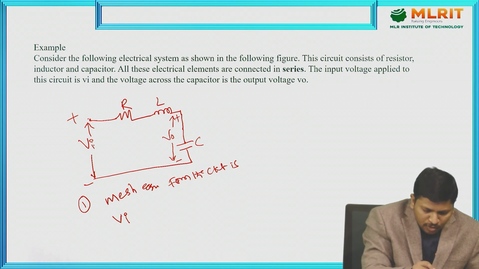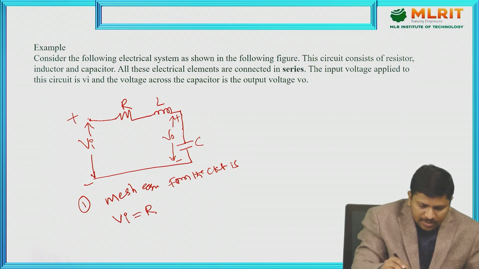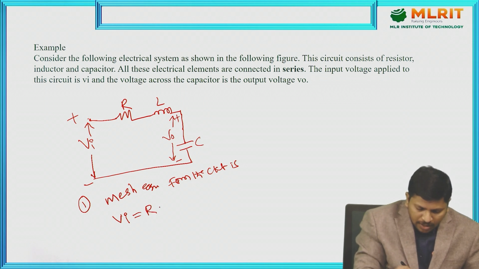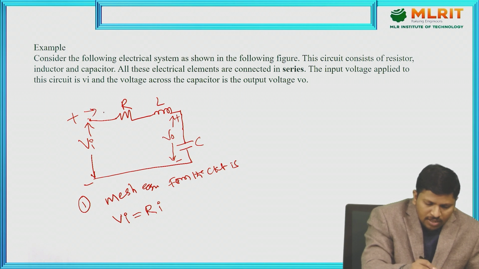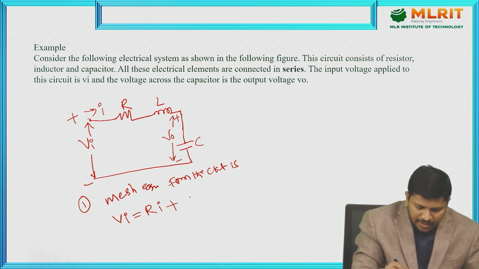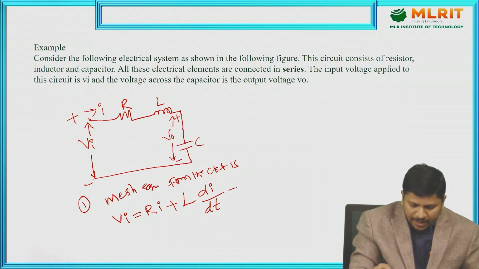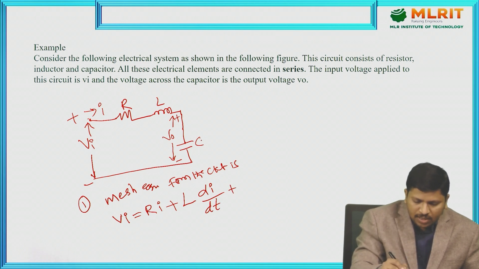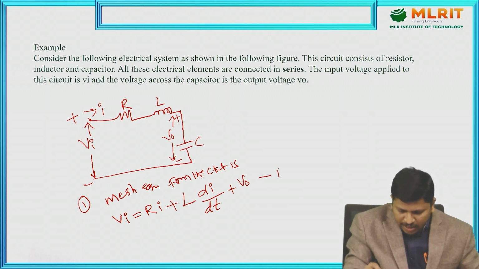The input voltage Vi equals, by mesh analysis, R into i for the resistor, with the current flowing in this direction, plus the inductor L into di by dt, plus the voltage across the capacitor, V output. This is the one equation.